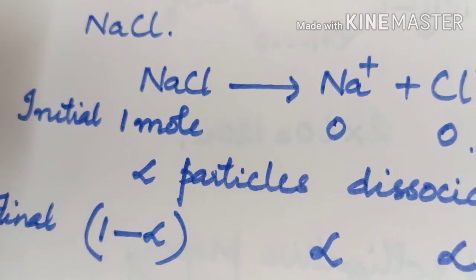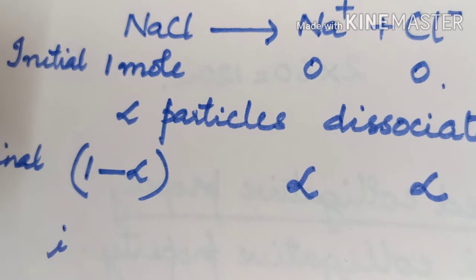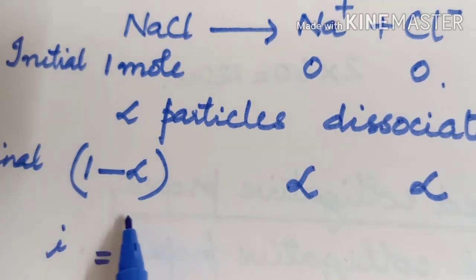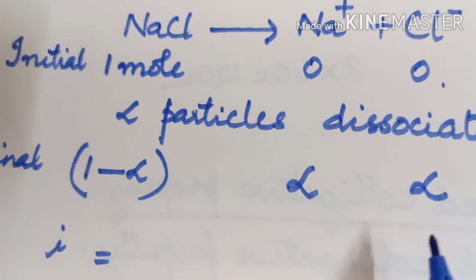With the result, you find that the i value can be calculated using the formula: total number of particles after dissociation divided by total number of particles before dissociation.